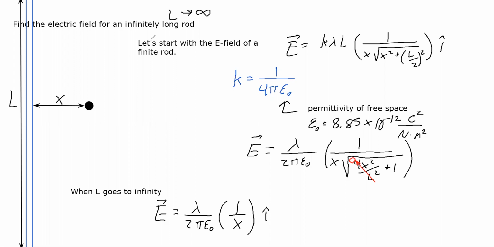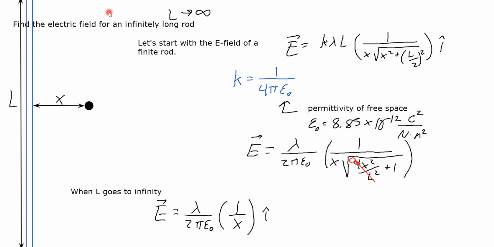So this is the electric field for an infinitely long wire. And we come across this pretty often, like I said. If we're talking about relative distances, we could approximate very long wires as infinite wires if we're talking about this small distance here.